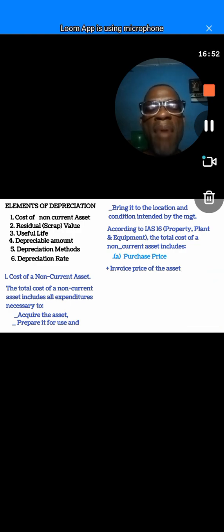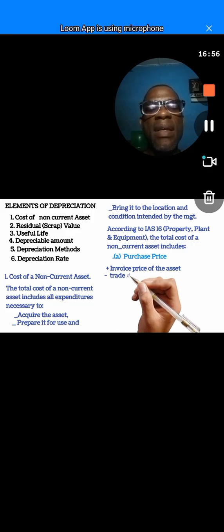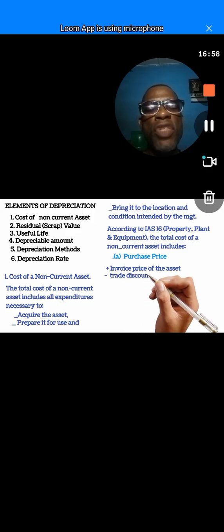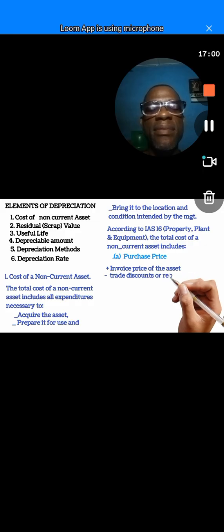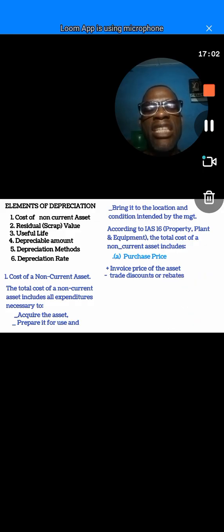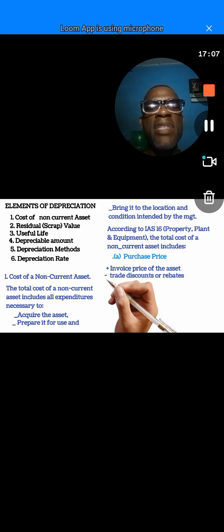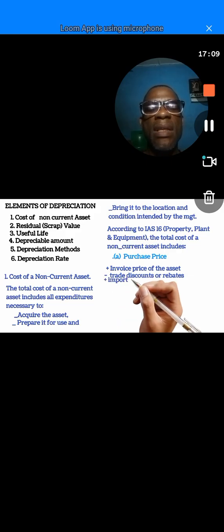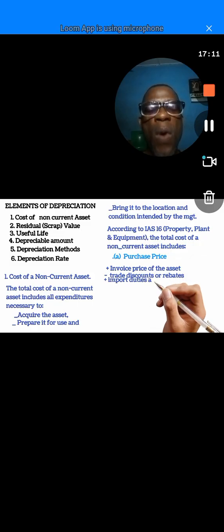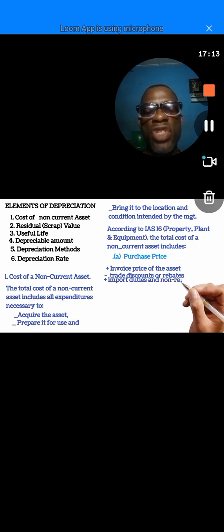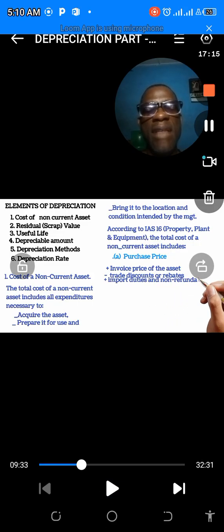The purchase price is composed of the invoice price of the asset, minus trade discounts or any rebates, plus import duty or non-refundable tax.